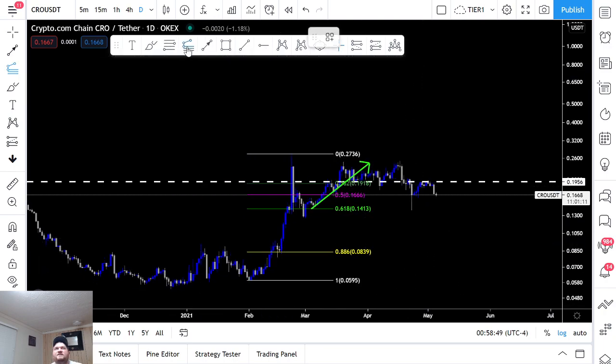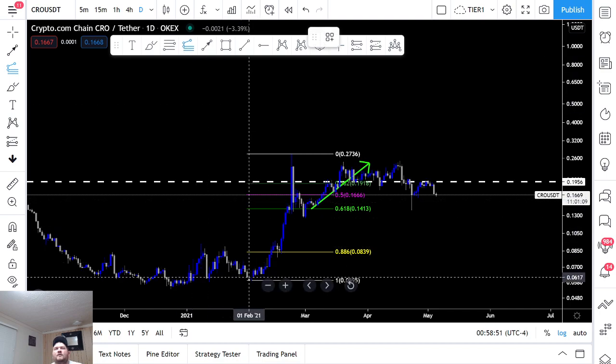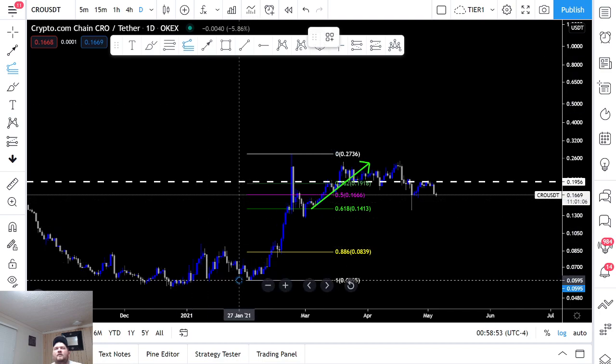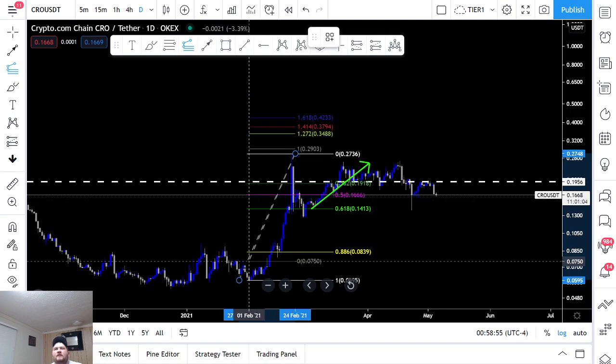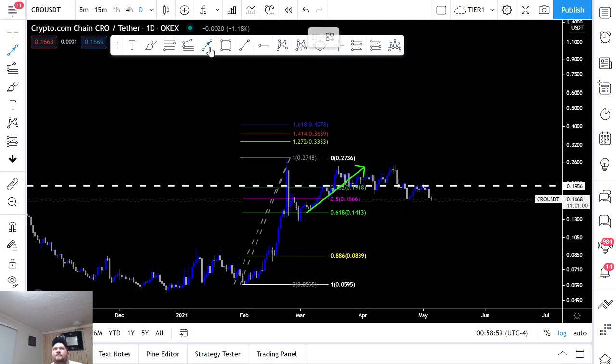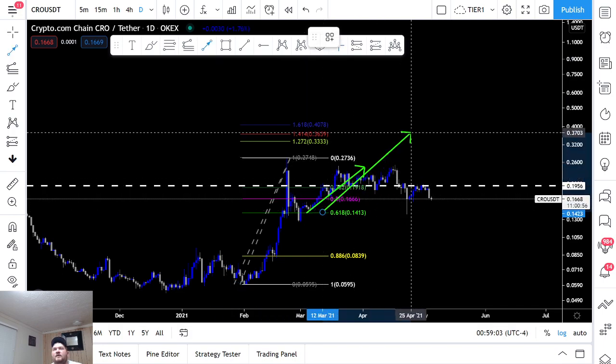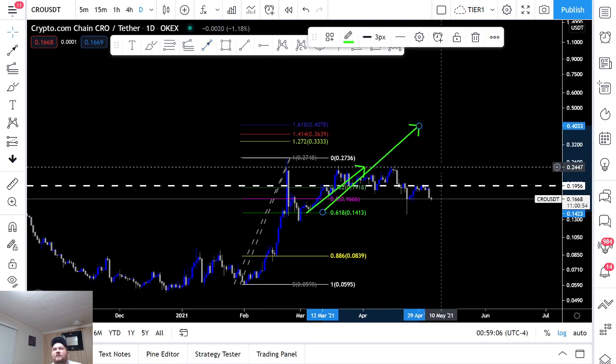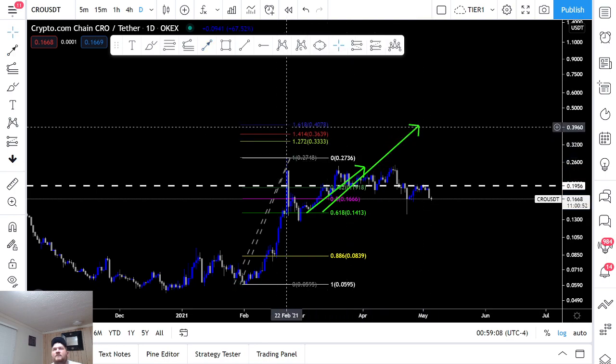The extensions here would be from here to here and back down. I'm never sure what price is gonna do, but it looks like 40 cents is the 1618.